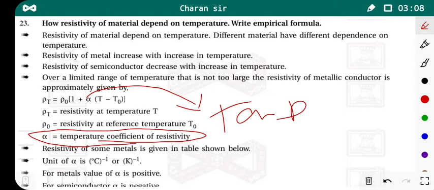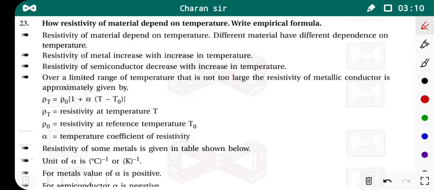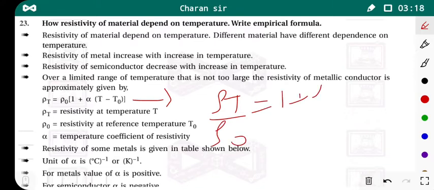Now what is the unit for alpha? For that we derive the equation for alpha. From this equation we have rho T by rho 0 equals 1 plus alpha times bracket T minus T0.